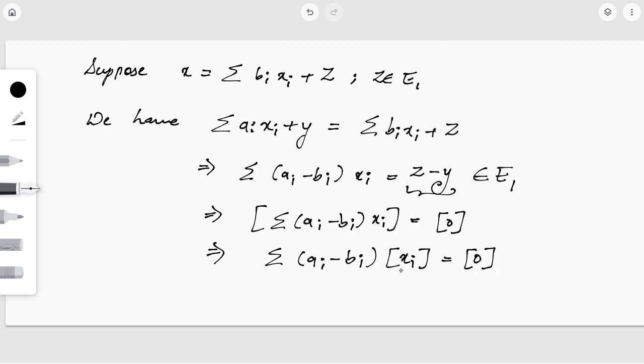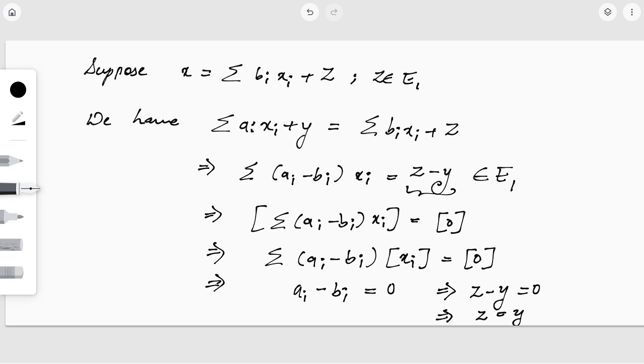Now since coset x1, coset x2, etc., coset xn is linearly independent, we obtain ai minus bi is equal to 0. And from this we can conclude that z minus y equal to 0, or in other words z is equal to y. So the ai and bi are equal, z is equal to y, so we can conclude that x has a unique way of representation.